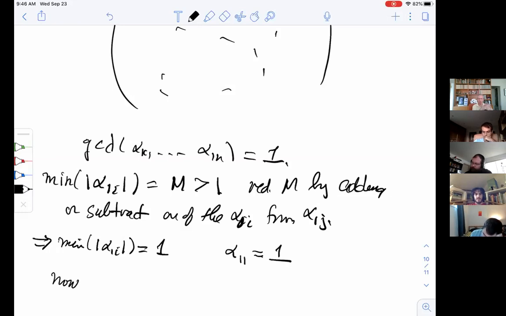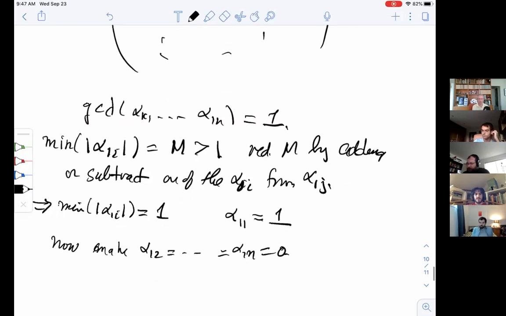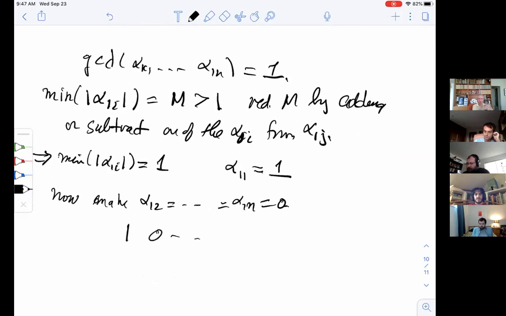And now I make alpha 1,2 up to alpha 1,n equal 0 by subtracting multiples of the first column from the second, third, fourth, up to nth column. All right, so now my matrix looks like this. Well, look at this minor, made up of columns 2 to n and rows 2 to n. Well, that's a matrix of determinant 1, one smaller size.